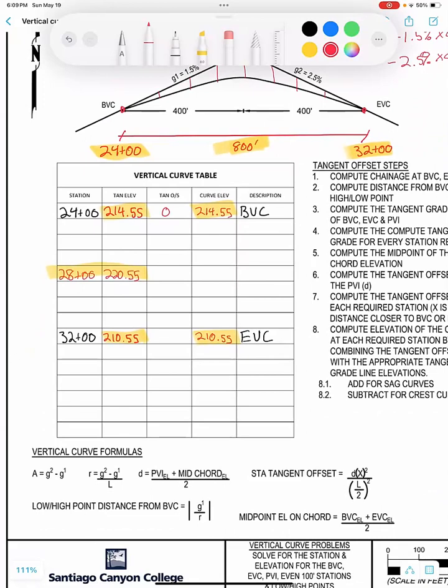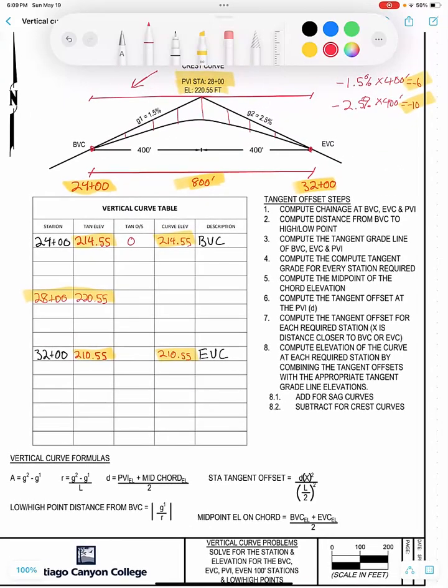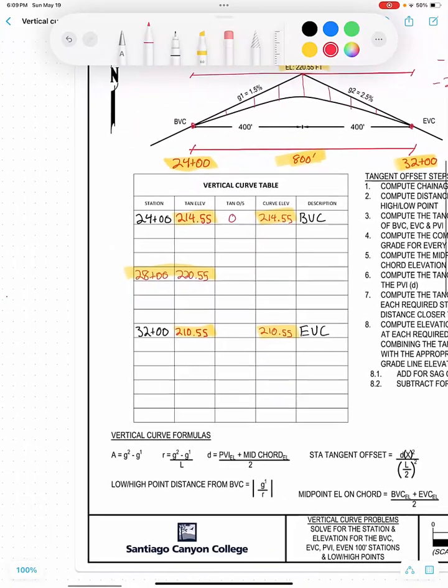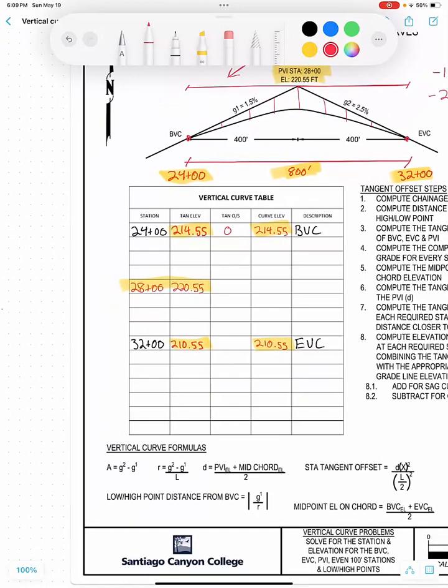First things first, let's calculate the rest of these tangent elevations. We can do that by very simply using our same formula. So we know along the tangent, 25 plus 00, 26 plus 00, 27 plus 00, 28, 29, 30, 31.